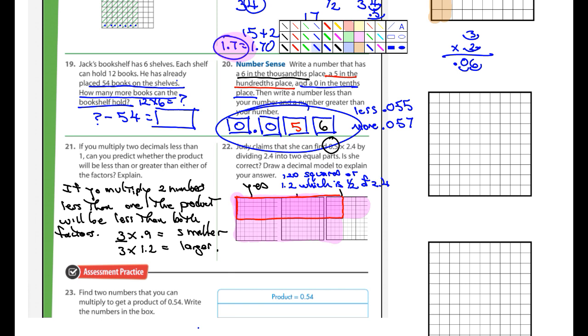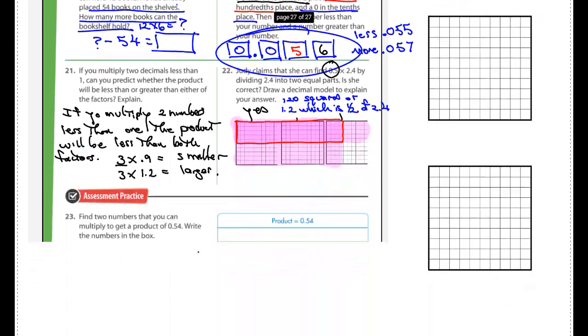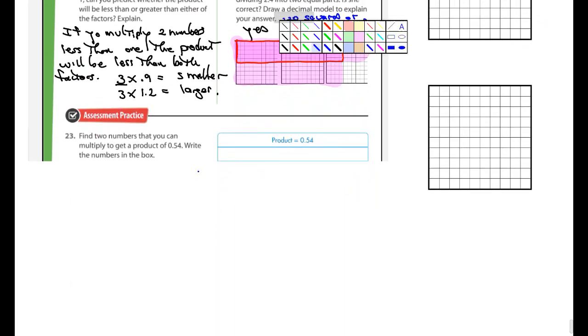All right. There you go. Some of these questions are a little too complicated, I think. They word them in such a way that makes it harder than it needs to be.